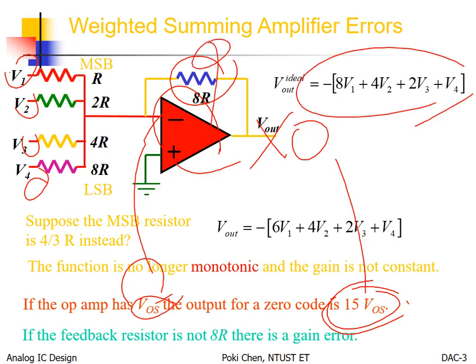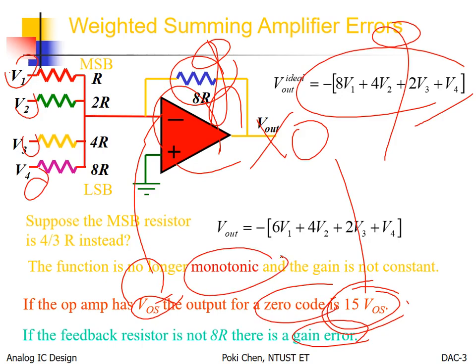If it is larger, then the output will become larger. If it is smaller, it is a gain error. Again, each parameter I taught you in the previous chapter has deep roots. They are really important. There are reasons I needed to teach you offset error, gain error, monotonicity, and so on. All of them have roots.